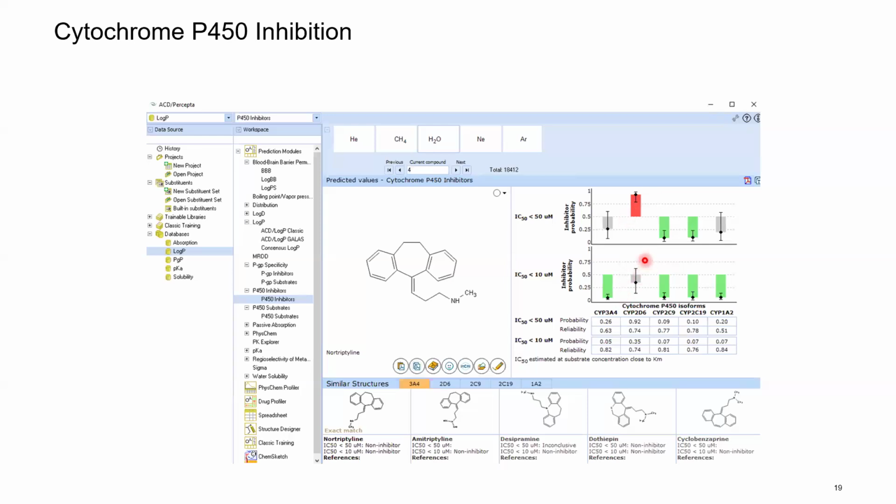Yeah, minor inhibition, and that's because of this basic amine and the aromatic part. So possibly cytochrome P450 should then be measured in the lab. It could also be a substrate, and then you have here another tool to predict if it's a substrate of P450.